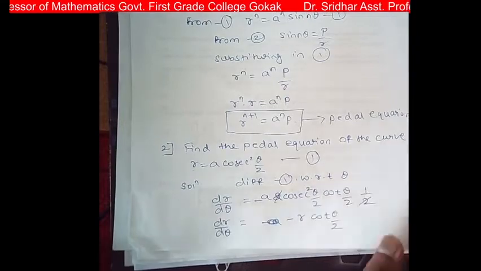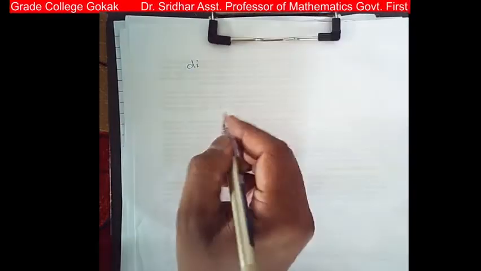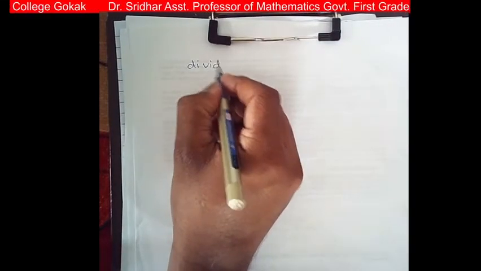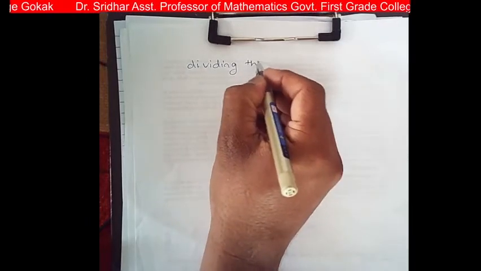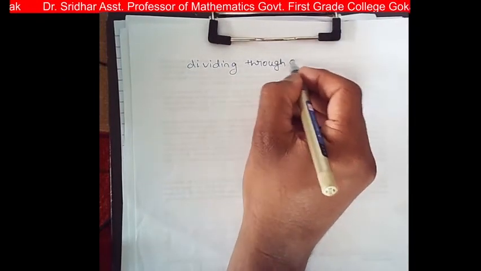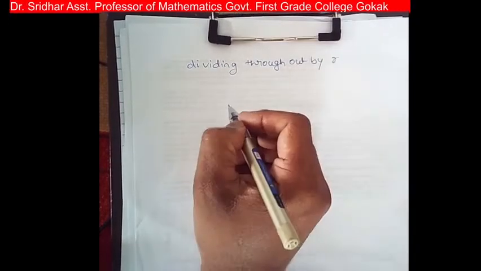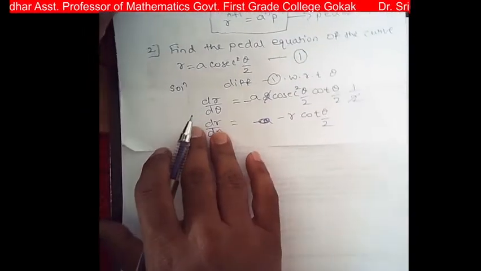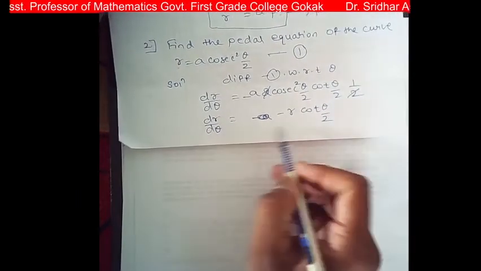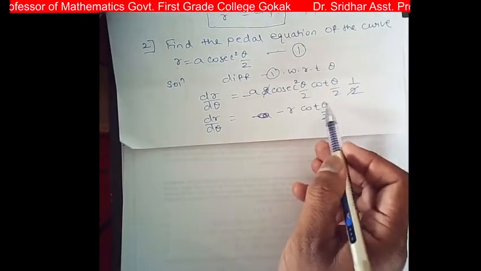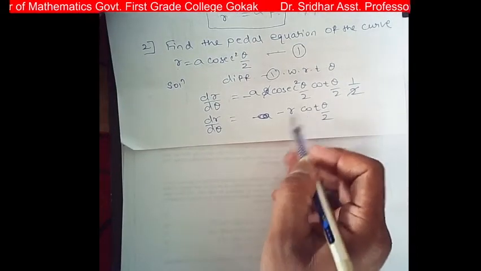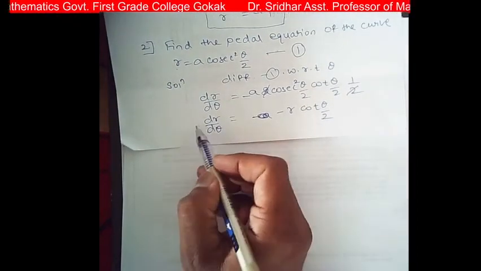Okay. So now after obtaining this, I again divide by r. So what I do? Dividing throughout by r. Okay, so here divide this whole equation by r, so that here r gets cancelled and this is divided by r.